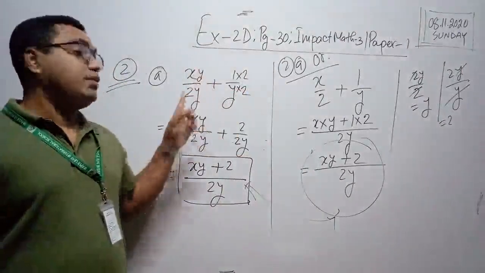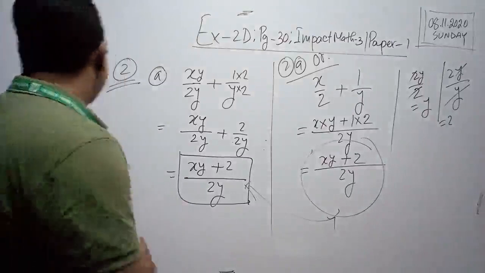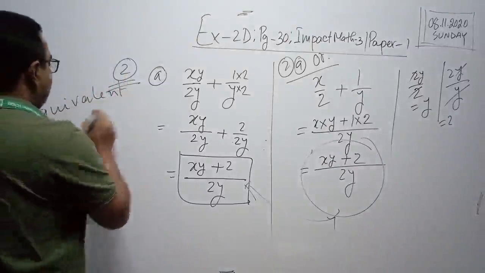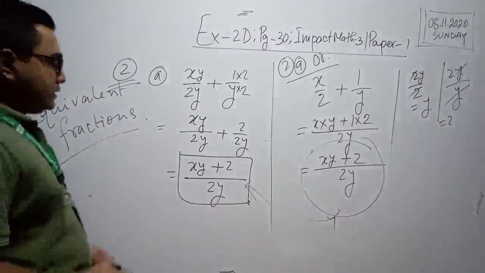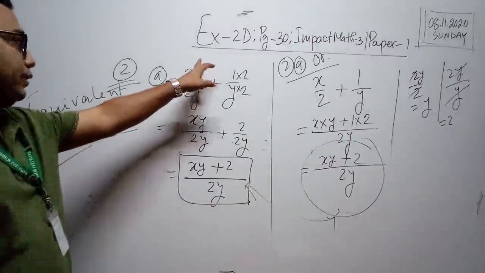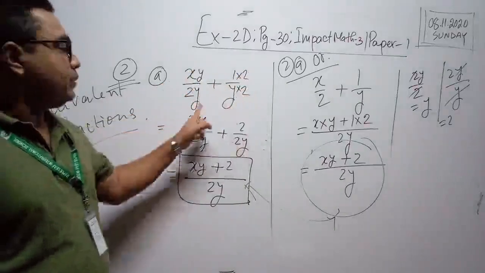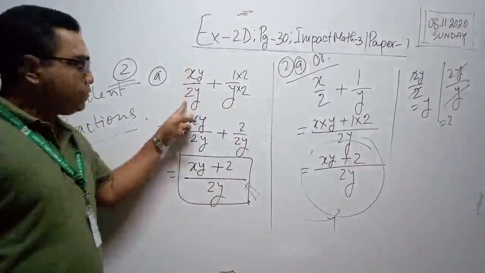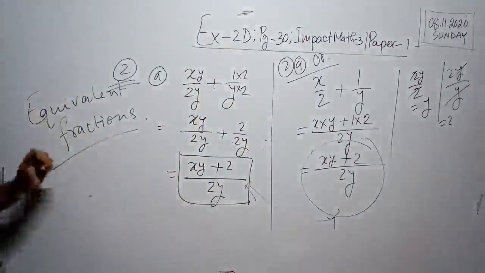That is why if you want to make equivalent fractions, there we need to multiply numerator and denominator by y, here numerator and denominator by 2, so that we get the same denominator here. x by 2 and xy by 2y are equivalent fractions. Clear?